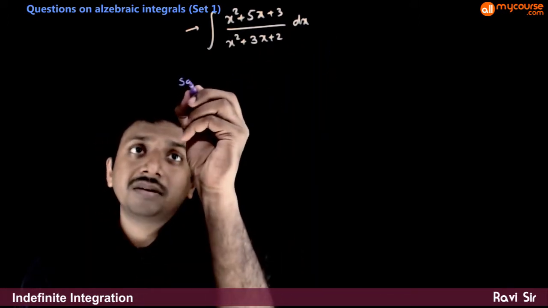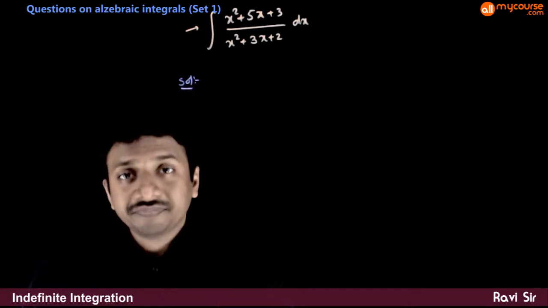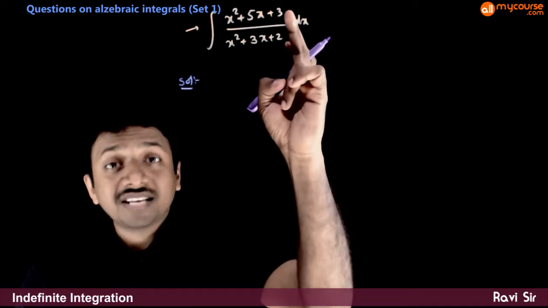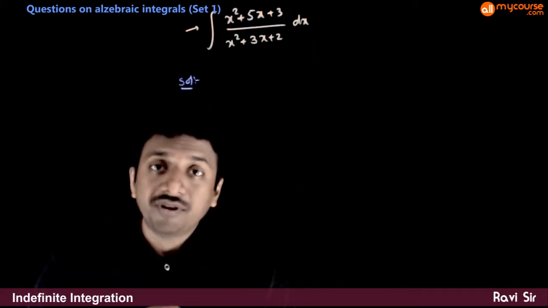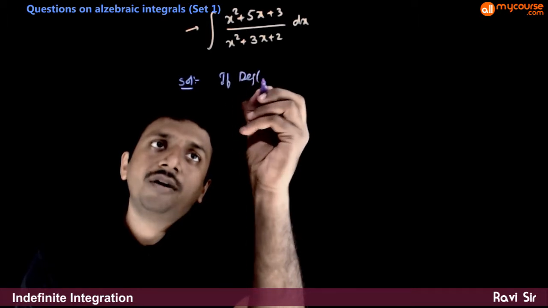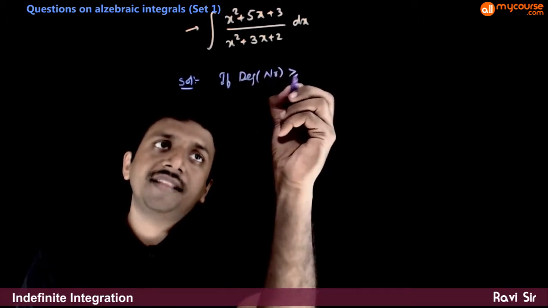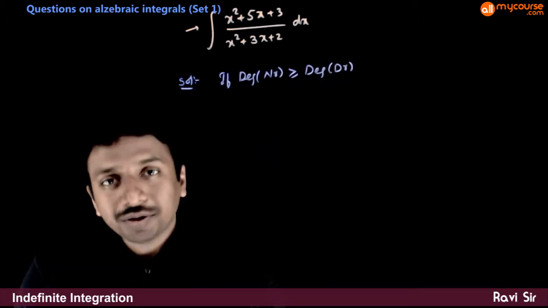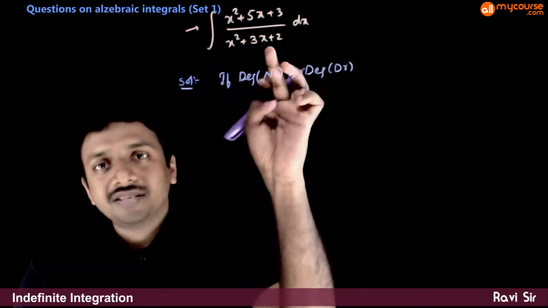So the general theory is that if the degree of the numerator is greater than or equal to the degree of the denominator, what you do is first divide the numerator by the denominator.